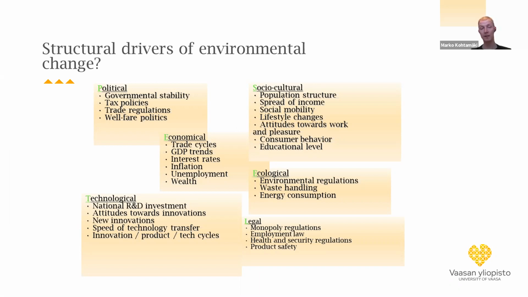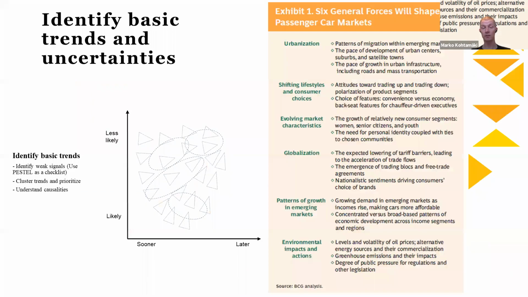So how these components, these drivers of environmental change influence the firm, and what type of potential futures result from these changes. So when we have the varieties of changes in our environment, how can we group the trends into these types of groups of components?